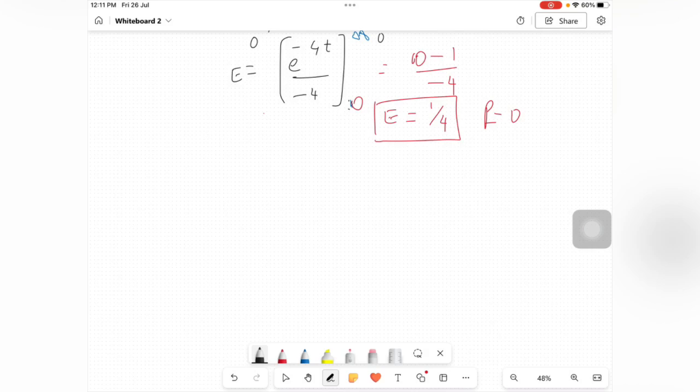So I will write the formula for power signal. P is equal to the limit as t tends to infinity of 1 by 2t, integral of minus t to plus t of mod x of t square into dt. We already know x of t is e power minus 2t into u of t.